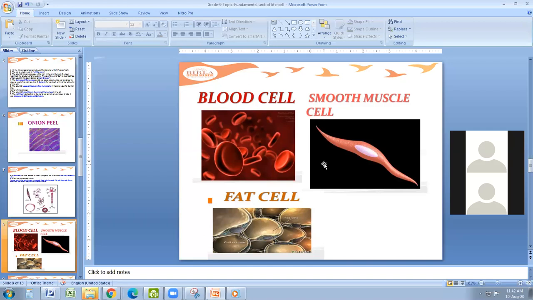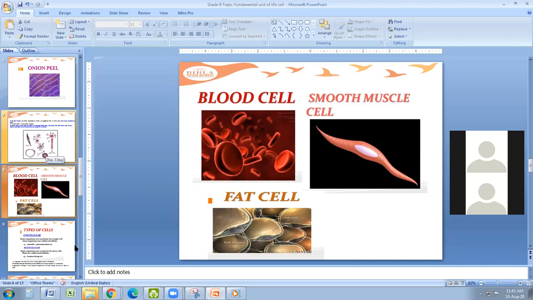Which type of muscle? Ma'am, intestine. Okay, yes, stomach also. Stomach is made up of smooth muscles. And intestine, ma'am. Yeah, stomach and intestine. Good. So it's clear about the blood cell. We all know that the blood cells are present in the bloodstream.